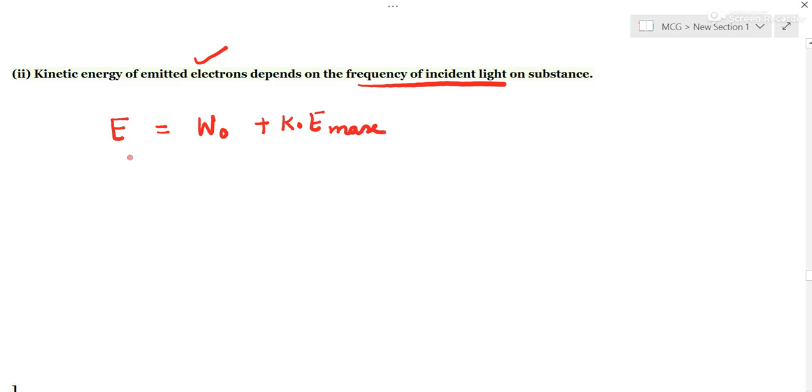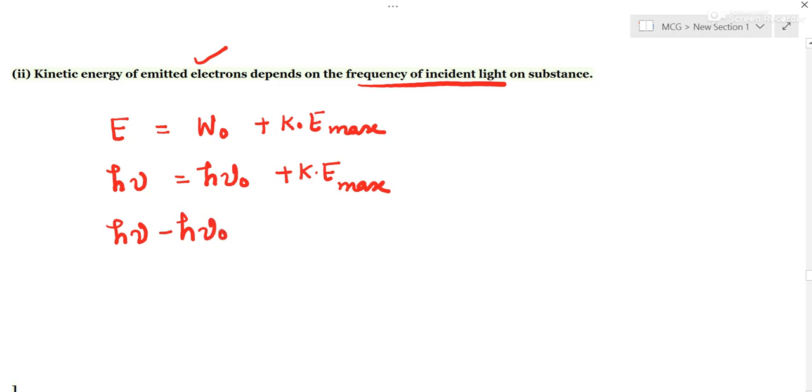This is h nu, and this can be opened as h nu naught plus kinetic energy max. So h nu naught goes to the other side again, and h is common: nu minus nu naught is kinetic energy max.